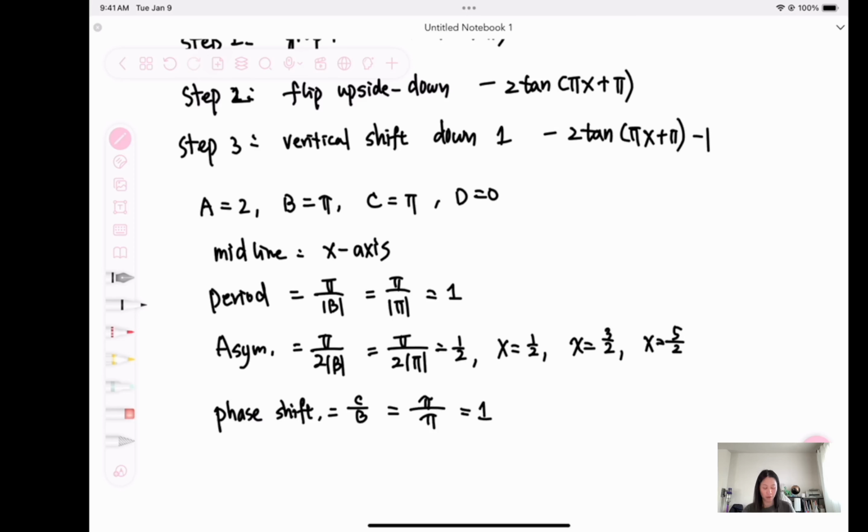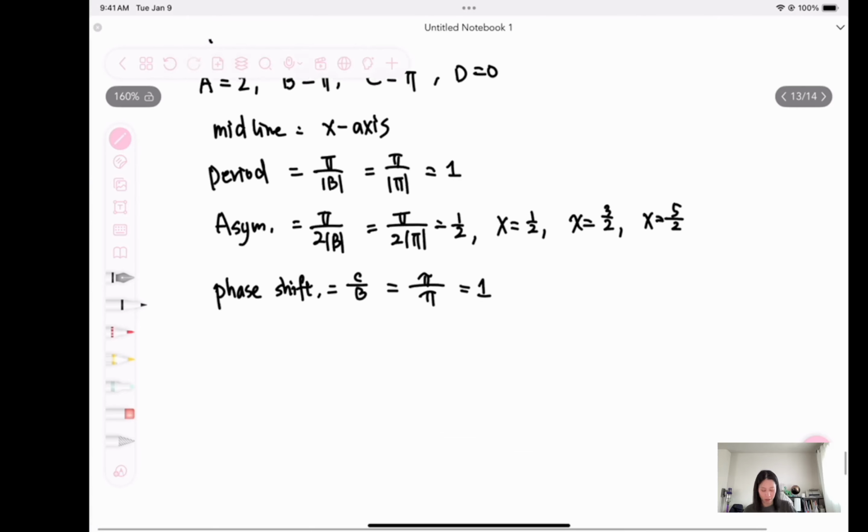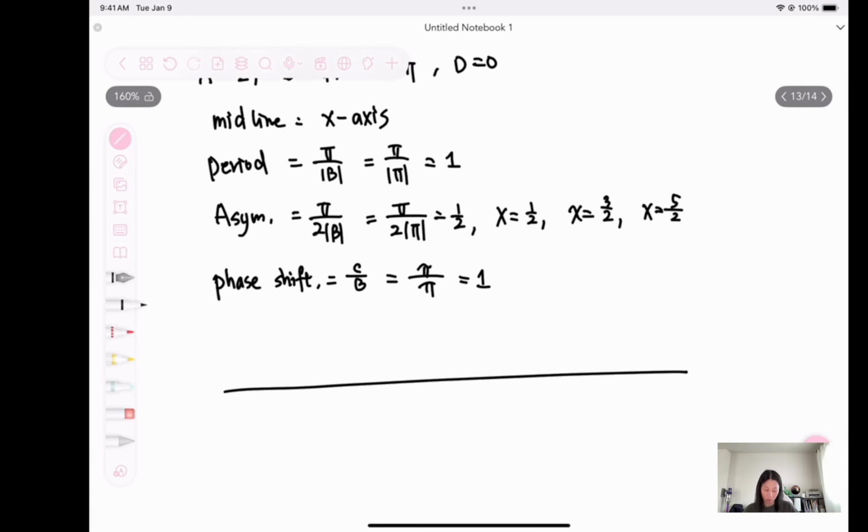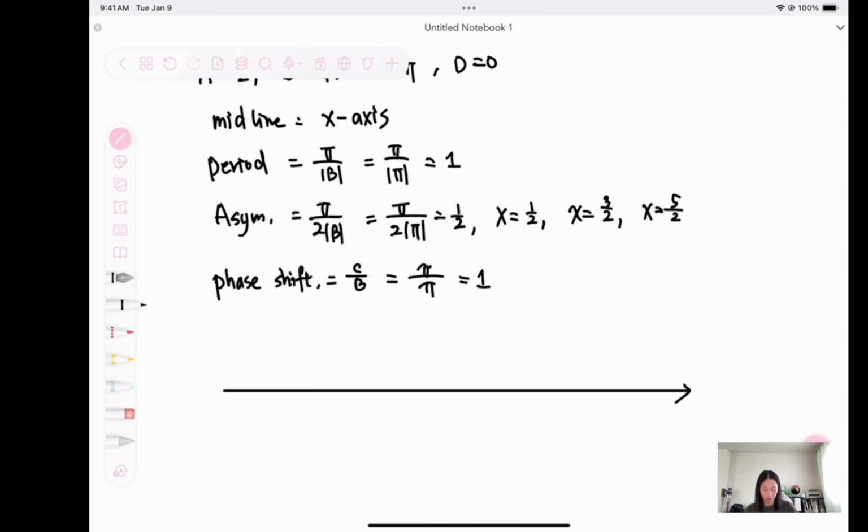So that means the phase shift is 1. That's very important. And the period happened to be 1, and they shift by 1. That means they didn't really shift the function, if that makes sense. But it would make sense if I start drawing the graph.